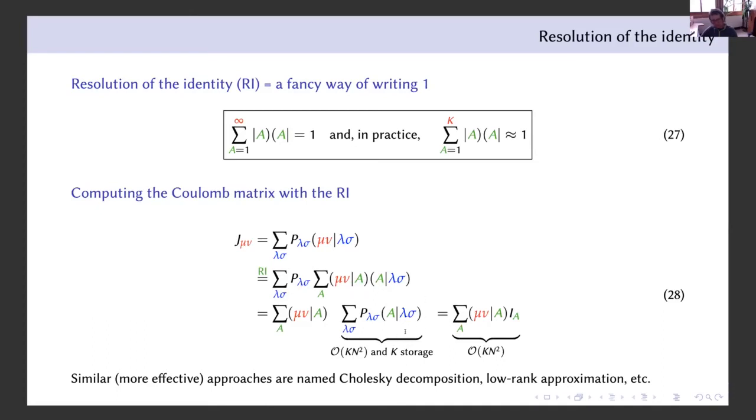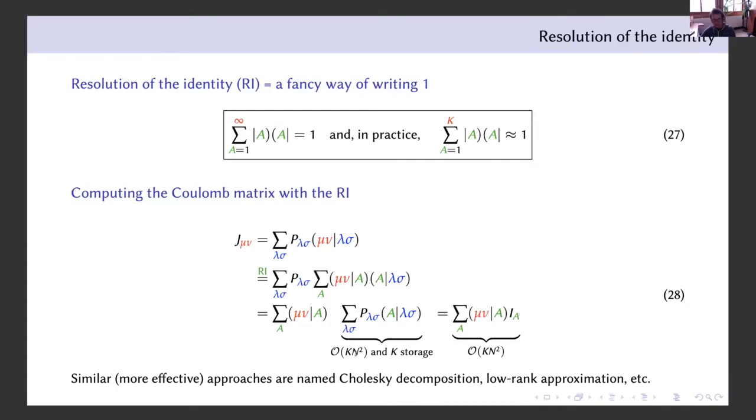Now this quantity I'm going to be able to compute in k n squared operations. Why k n squared? Because I'm going to compute all the A elements, and I'm going to sum over lambda and sigma. So here I have n squared elements, and here I've got k elements. It's going to cost me k in storage because I'm going to have to store those elements that I'm going to call I.